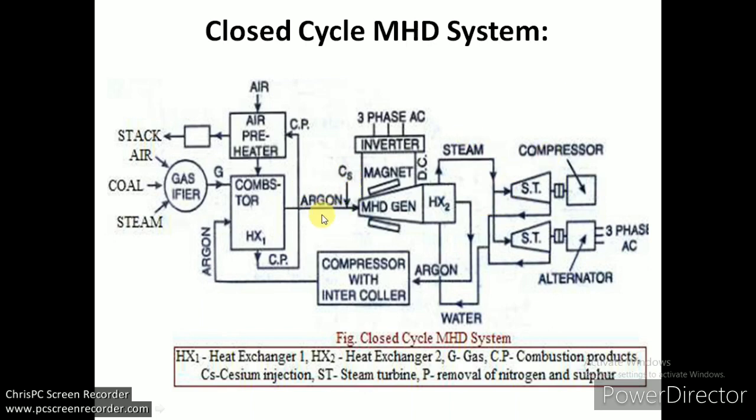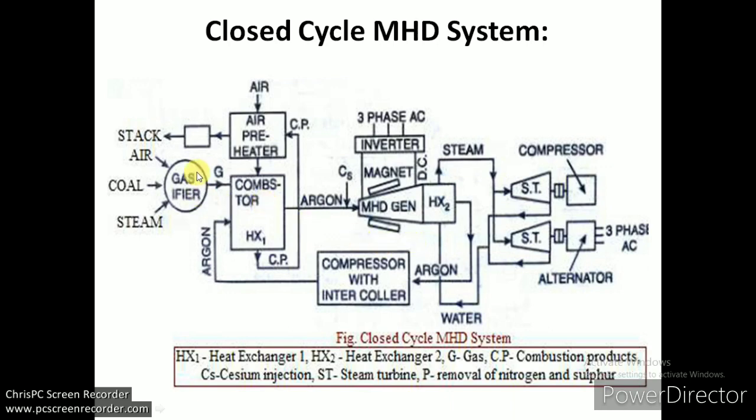But in the case of closed cycle, the working fluid like argon or helium repetitively produces power and recycles itself in a closed circuit. That's why it is termed a closed cycle energy system.